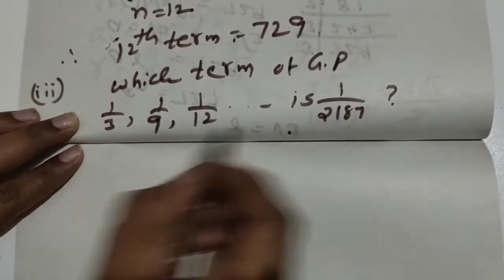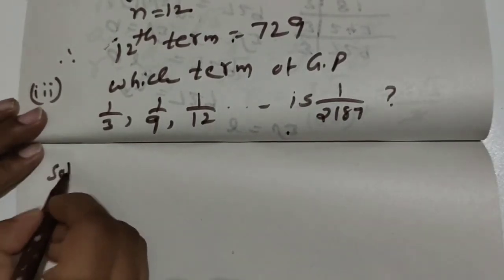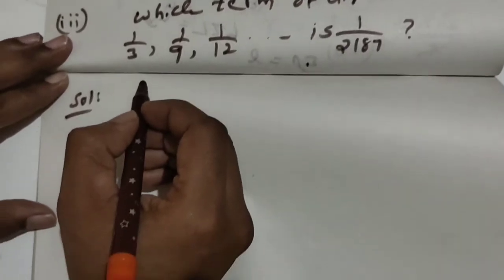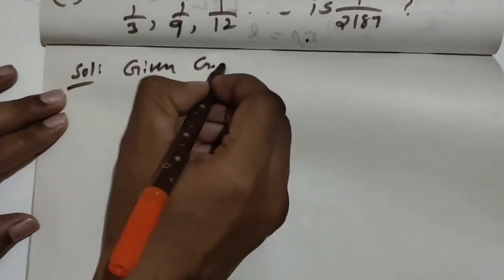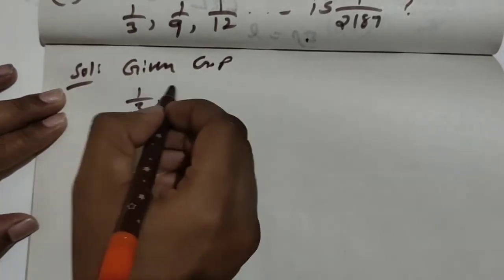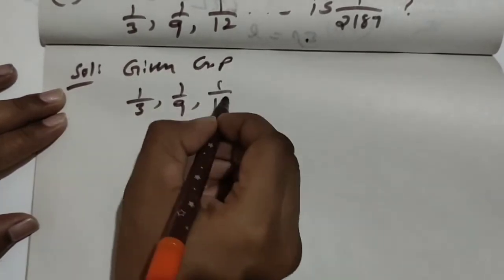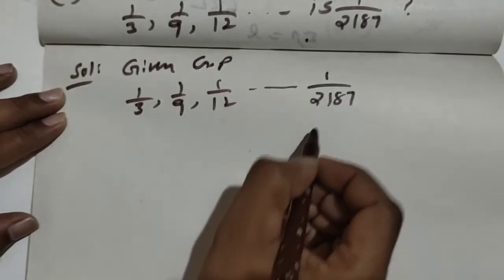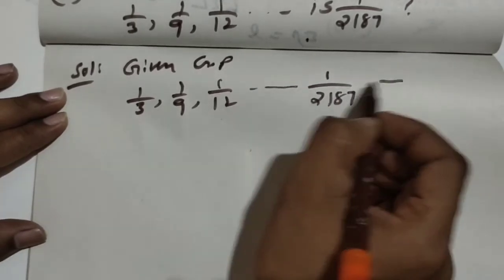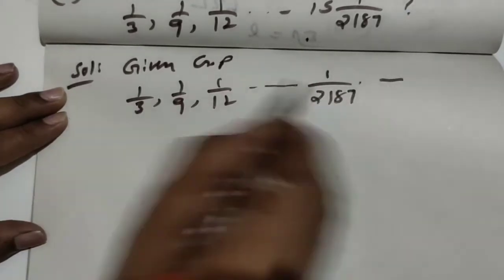Now here, given the GP 1 by 3, 1 by 9, 1 by 27 and so on, we have somewhere 1 by 2187. We have to find the number of this term, which term it is.